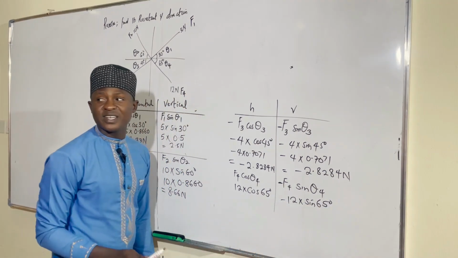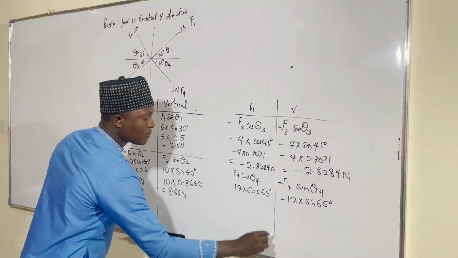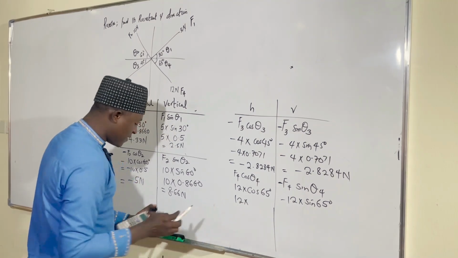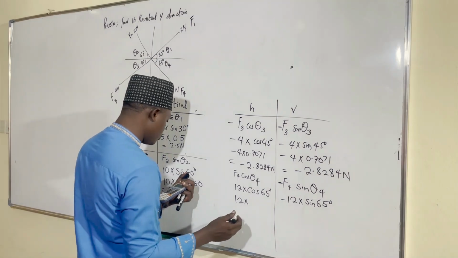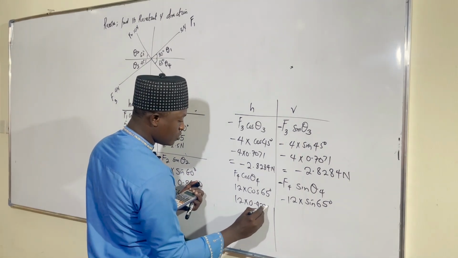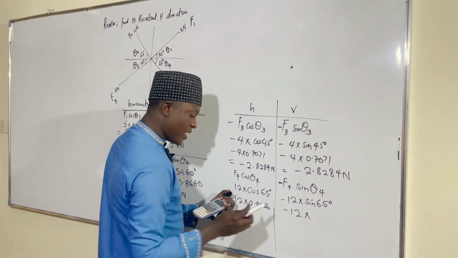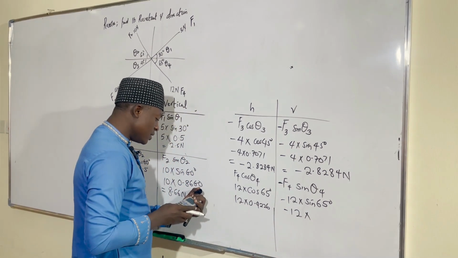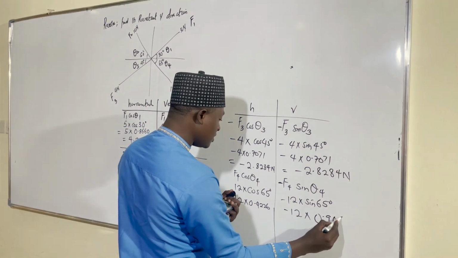I hope you are getting it right. You can see just so simple and straightforward. So now if I check for cos 65, my cos 65 here, what I have is 0.4226. Then for the sine 65, when I check sine 65 here, I have 0.9063.